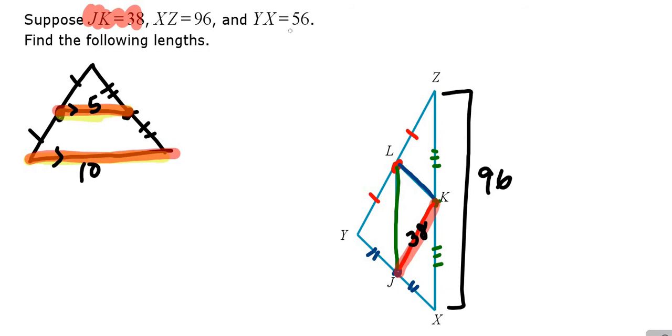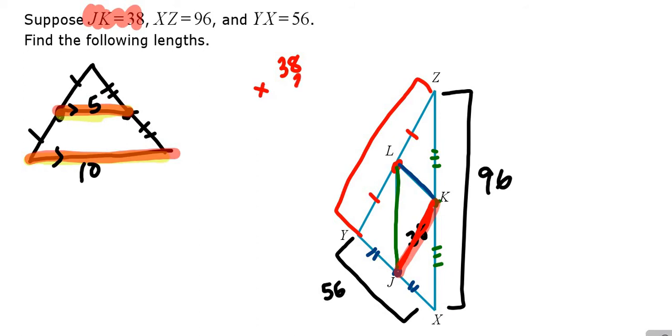And we're told YX is 56. And you're being asked to find certain lengths. Don't bother just finding certain lengths, just find everything. So again, it's a 2-to-1 ratio. So if this is 38, that's the mid-segment, you double it to get this. So it's 76.